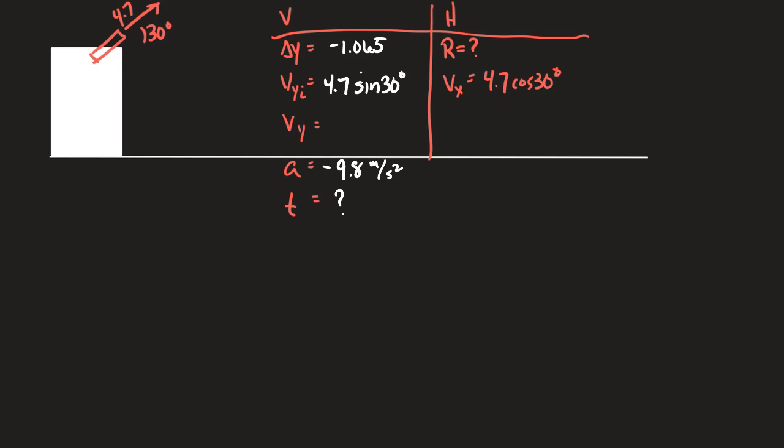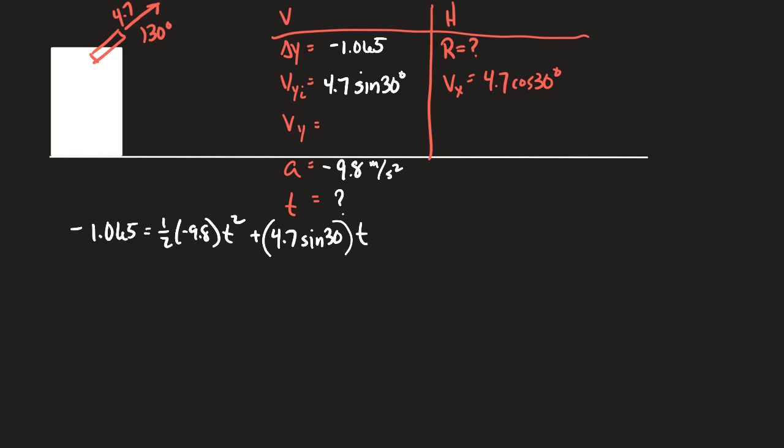There are a lot of different times in the room, but it's not going to be much more than it was before. But it certainly will be more, because we're shooting it upwards into the air. So I'm thinking negative 1.065 equals 1/2 times negative 9.8 t squared plus 4.7 times the sine of 30 times t.